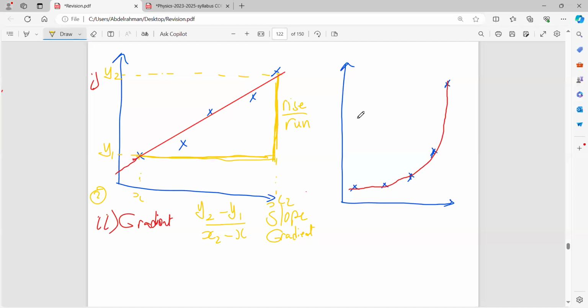It would be easier to take them from the graph. Why? Because most of the times he does not give you the y-axis on the right hand side and he does not have the x-axis on the left hand side. So please take care while plotting or while calculating the gradient.